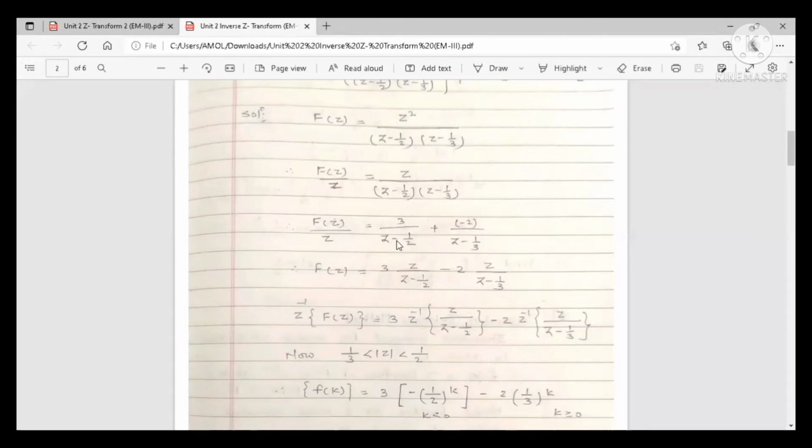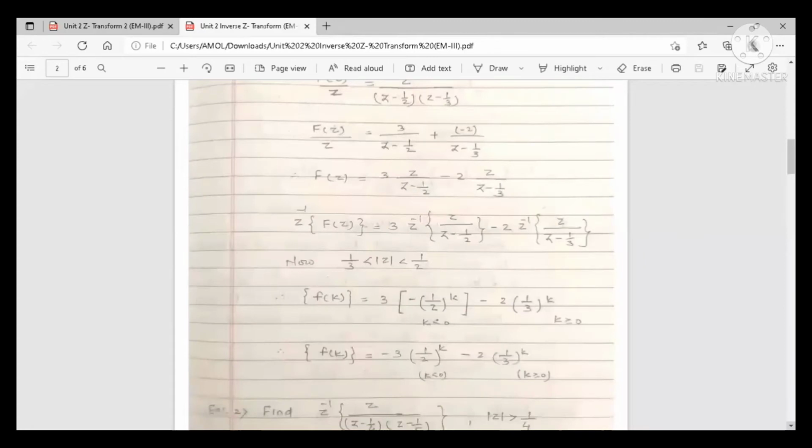After separating these two factors using the partial fraction method, you shift this z, which is in the denominator on the LHS, to the RHS, so that you get f of z equal to 3 into z upon z minus half minus 2 into z upon z minus 1 by 3. Now these are the two separate terms, and we can find their inverse z transform. Apply the inverse z transform on both sides.